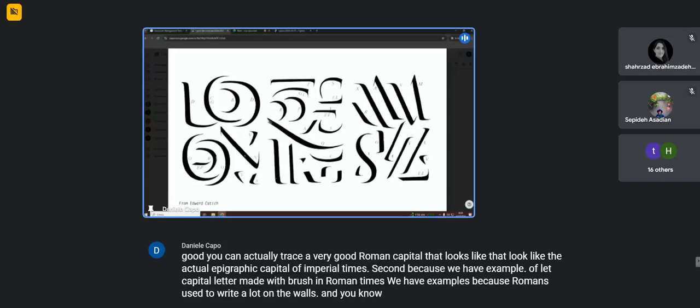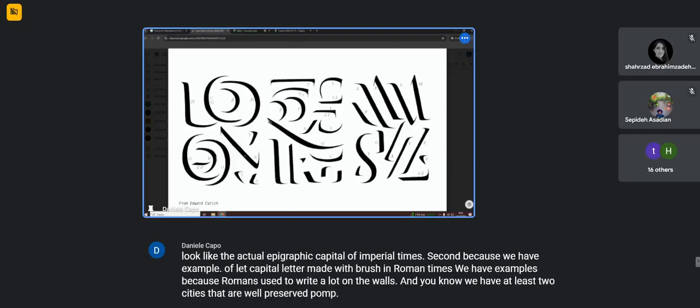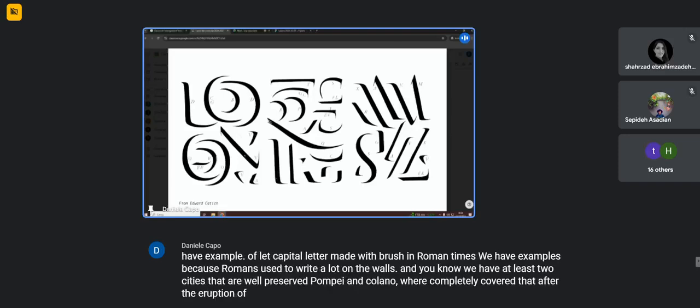And you know, we have at least two cities that are well preserved, Pompeii and Herculaneum, that were completely covered after the eruption of Mount Vesuvius in the 1st century.